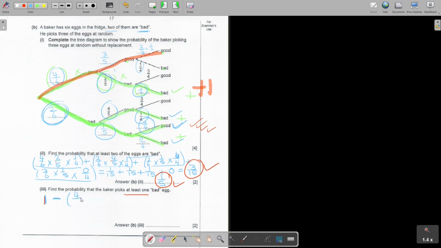So it's 4 out of 6, multiply 3 out of 5, multiply 2 out of 4, and that's 1 minus 1 over 5 if you multiply that, and that will give you 4 out of 5. Okay, and that was the final answer. So if you realized that it was everything except the red, then they gave you 1 mark, and then 1 for your final answer.